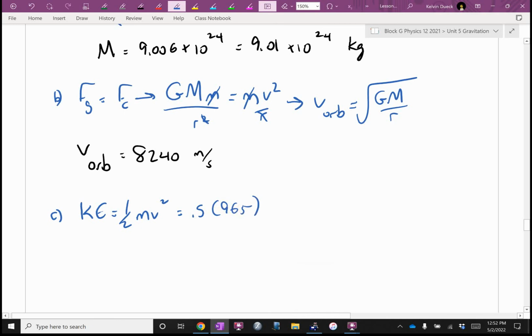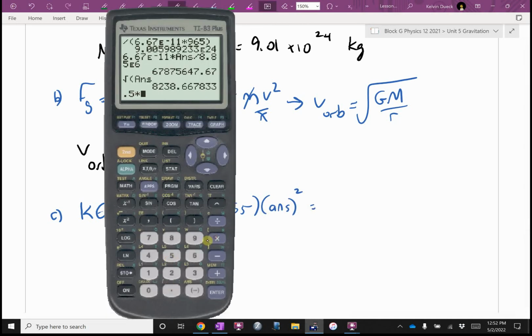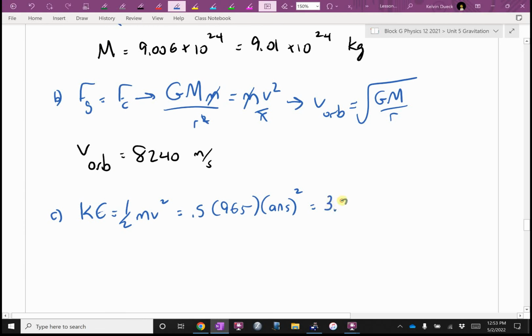The one that Arsh just found. In fact, Mason, I'm going to go answer button squared. And I get a kinetic energy of 3.275 times 10 to the 10th. I'm going to write all of that out for a reason.